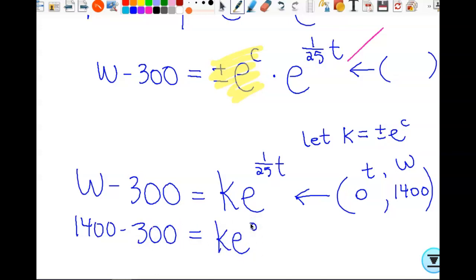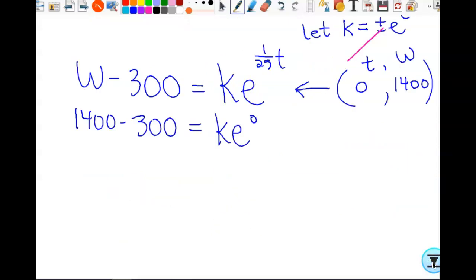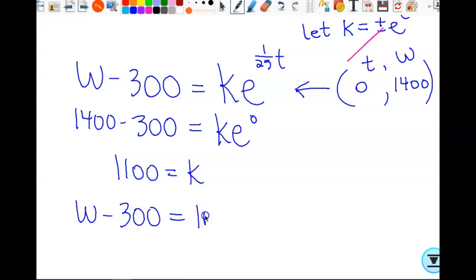What's e to the 0? 1, so we just found the value of k, or plus or minus e to the c, 1100. All right, so I go back right there, rewrite that equation, but making a substitution for k. So 1100 e to the 1/25th t. And then one more step to solve for w.